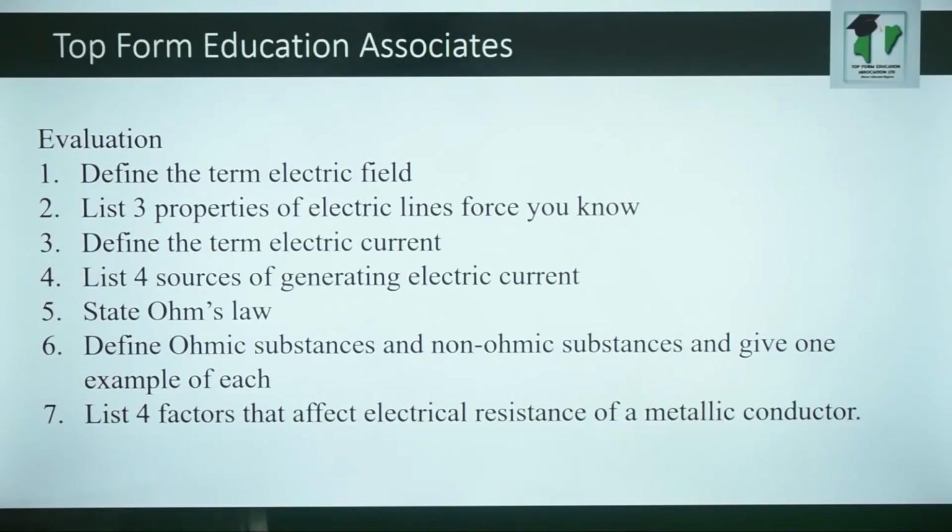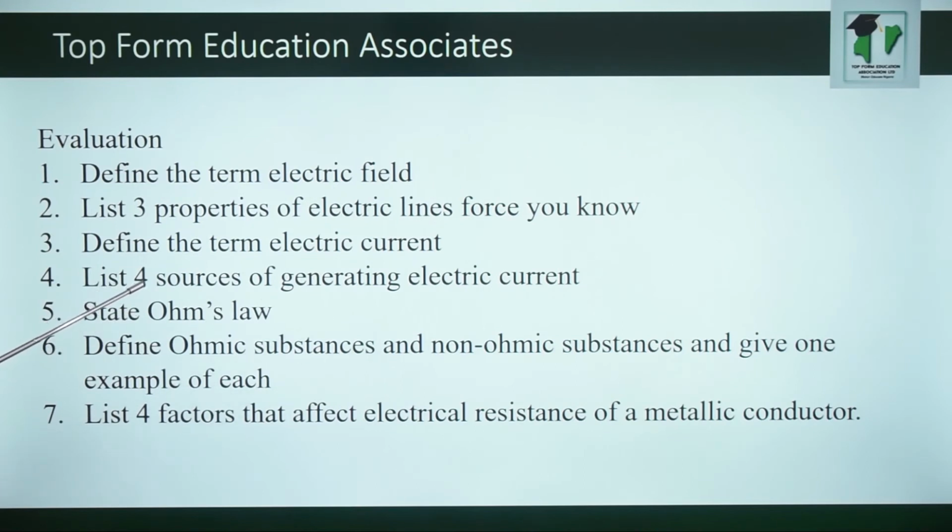Now we are almost getting to the end of the topic. We want to see how we can test our knowledge on what we have discussed so far, to know whether you are really following what we are doing. Question number 1 says, define the term electric field. Question 2, list 3 properties of electric lines of force you know. Number 3, define the term electric current.